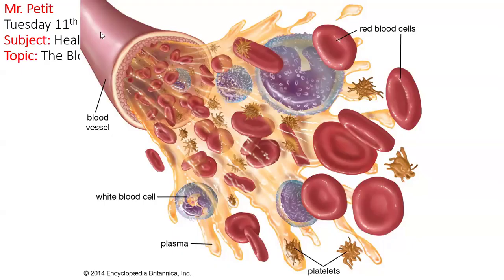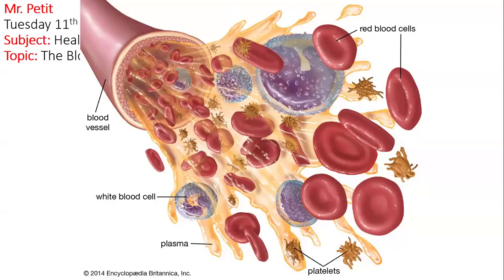Arteries are typically denoted as red. Veins are represented in the diagrams as blue. But they're not actually red and blue in your body, so don't think that's the case. As you can see, this splashy thing is plasma, the liquid part of the blood.